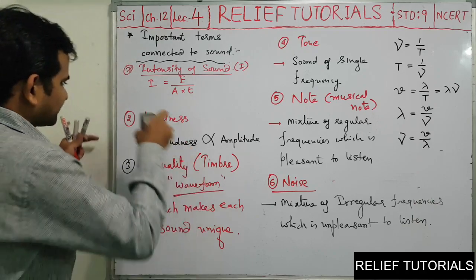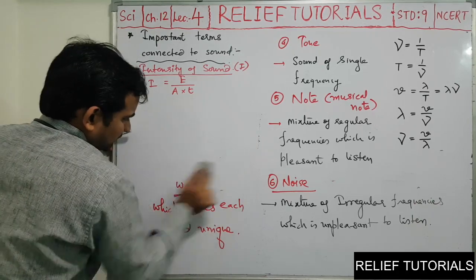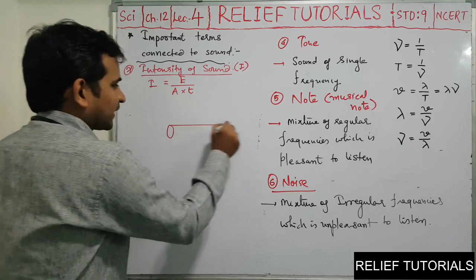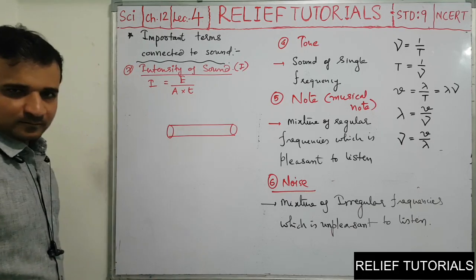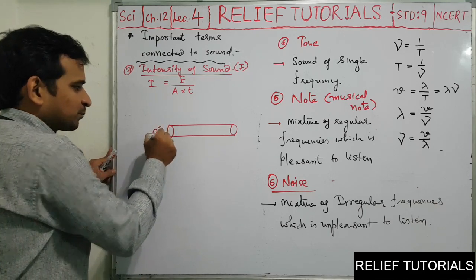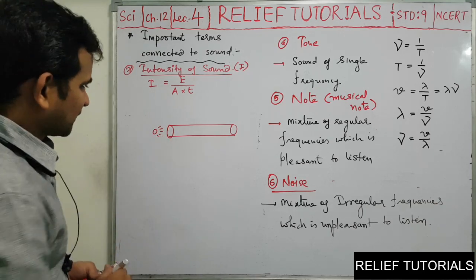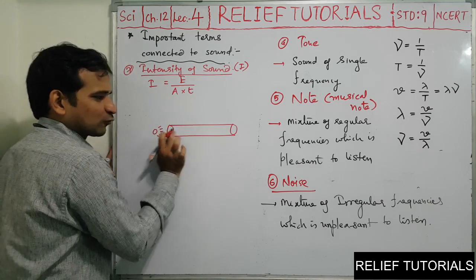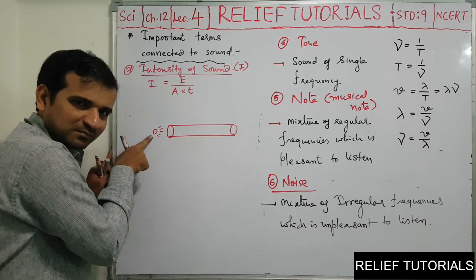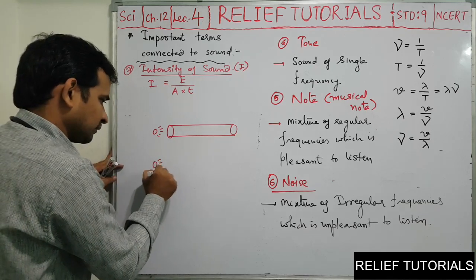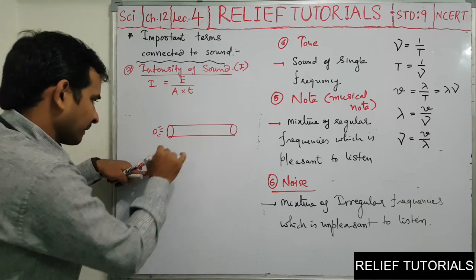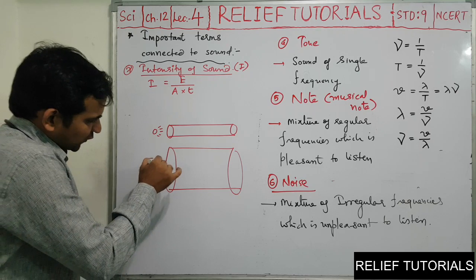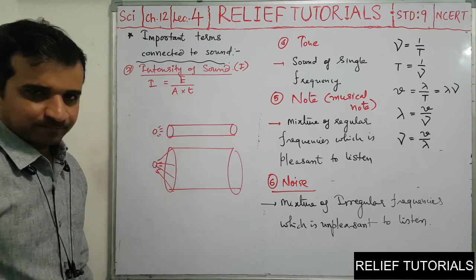Let us say this is a pipeline and one of the sounds is played here, like a piece of music playing here. So this is the area through which the sound goes. Now the same sound producer is here, but this is a wider pipeline. So sound is passing through a larger area, yes?